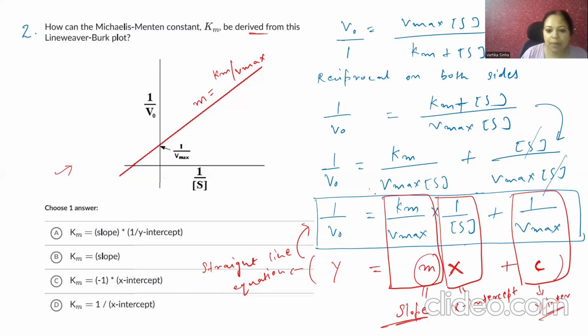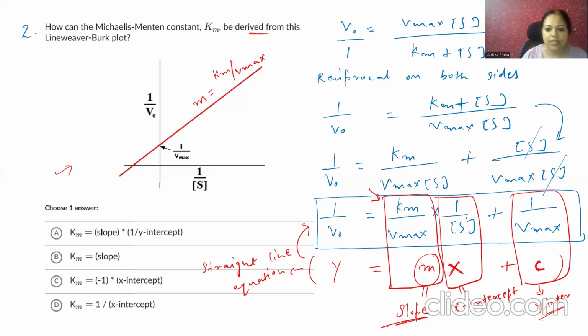Going to the next slide, we can see that Km upon Vmax is equal to m, and m means slope, isn't it? I am going back once again, look at this. Km upon Vmax is equal to m, right?